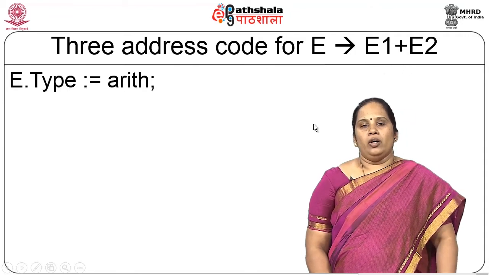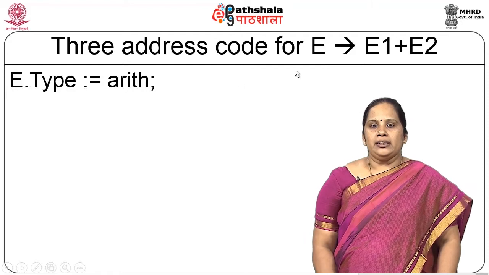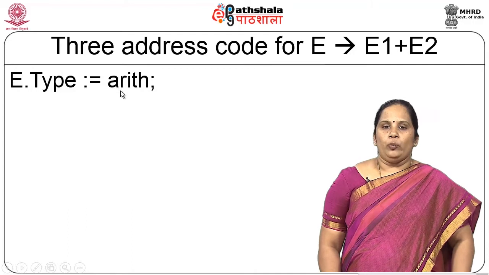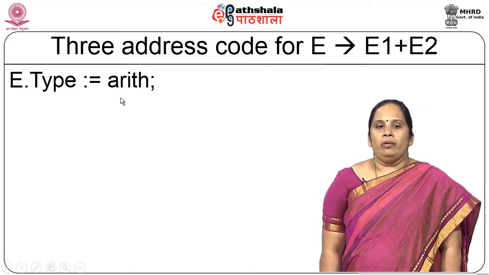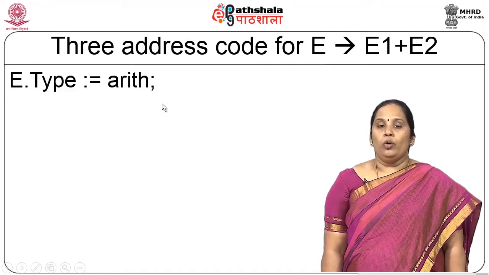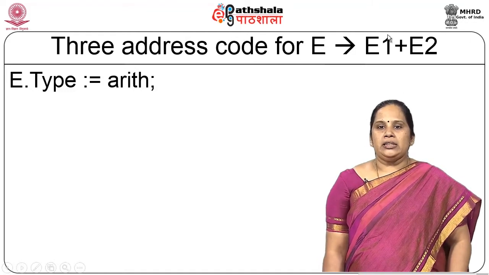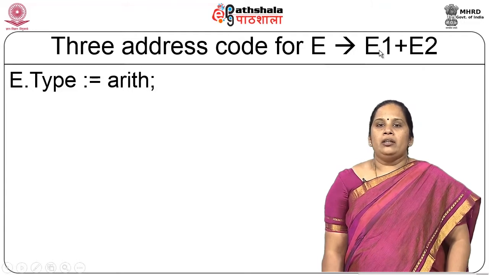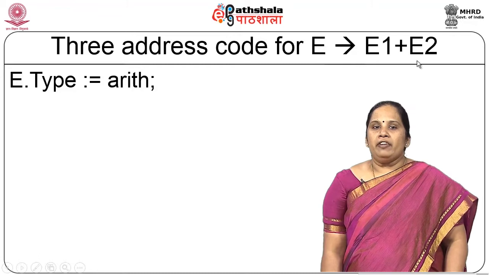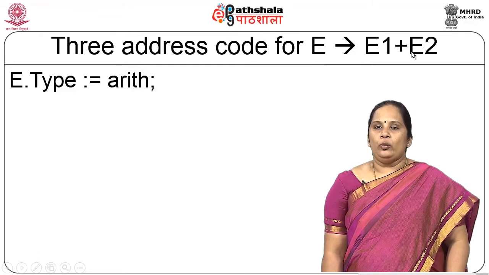First we define the LHS variable E that corresponds to type arithmetic. We already know that every non-terminal has a type, a place and a value as attributes. Here the LHS non-terminal corresponds to an arithmetic type, that is what we are assigning first. Whatever the RHS expressions' types, the result of this computation will be an arithmetic type. Now, supposing I have E produces E1 and E2, the LHS E will be of type Boolean.